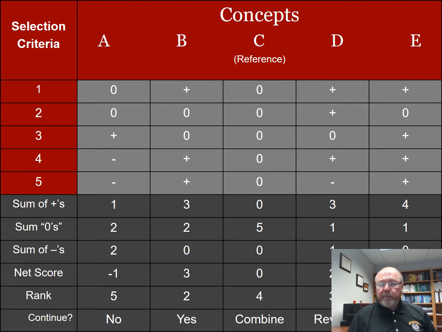Should we do anything positive with D? The answer is probably so, and here's one of the reasons. Look at selection criteria 2. D was the only concept that had a positive on selection criteria 2. It was the only concept that scored superior to the reference on that second criteria.